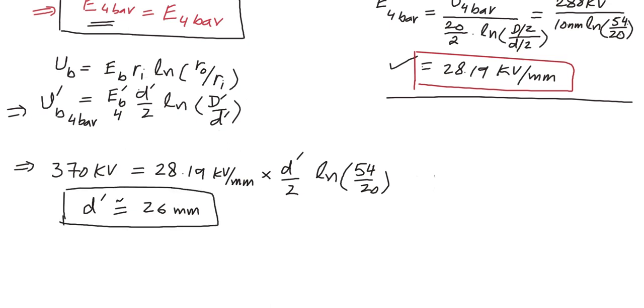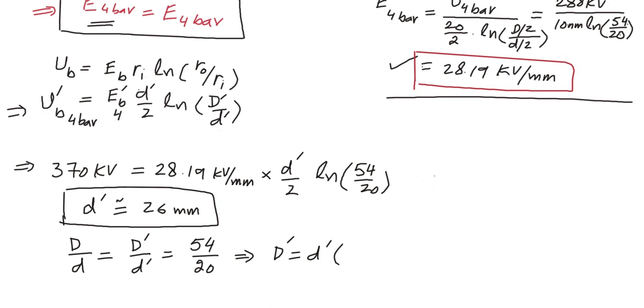Because capital D over small d is equal to capital D bar over small d bar, and that will be equal to 54 over 20, it further gives us capital D bar equal to small d bar times 54 by 20.